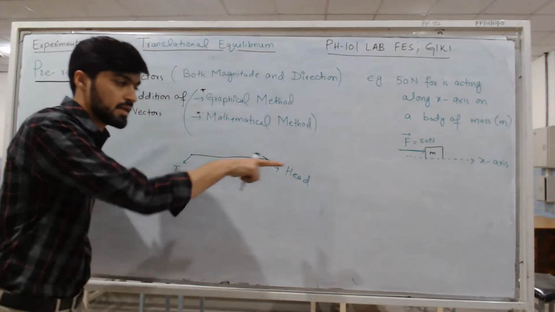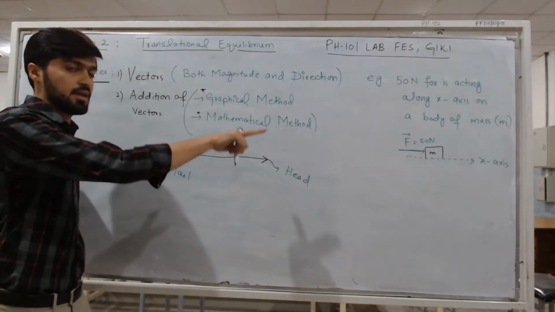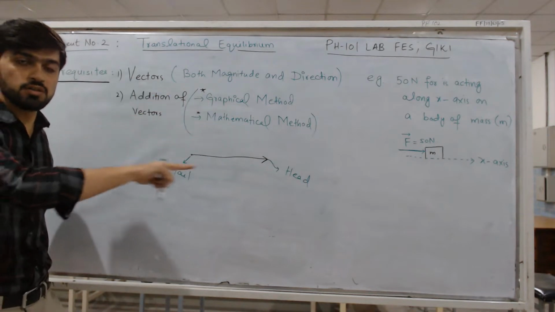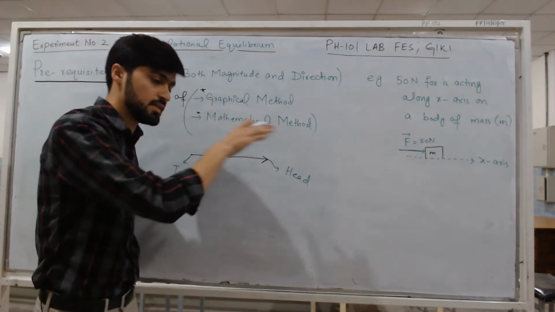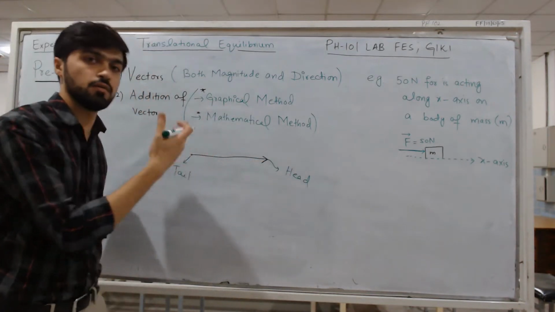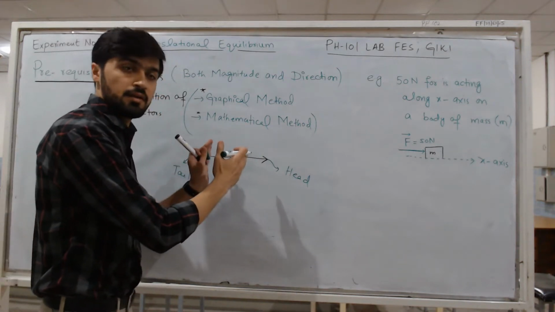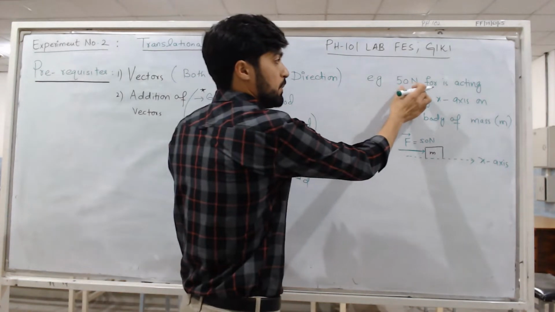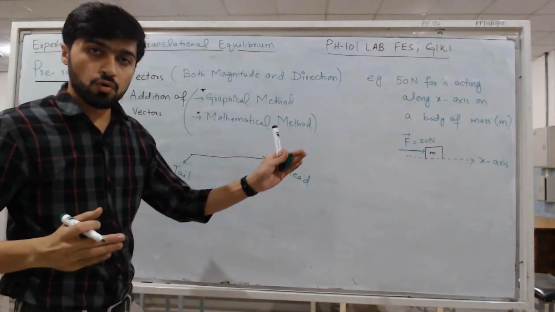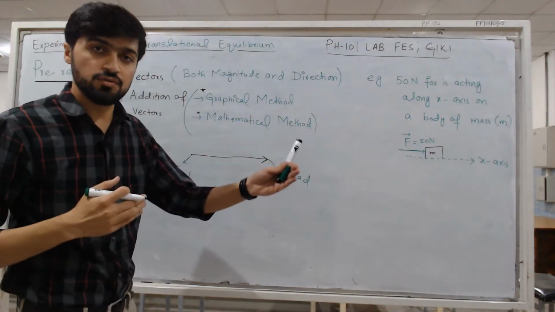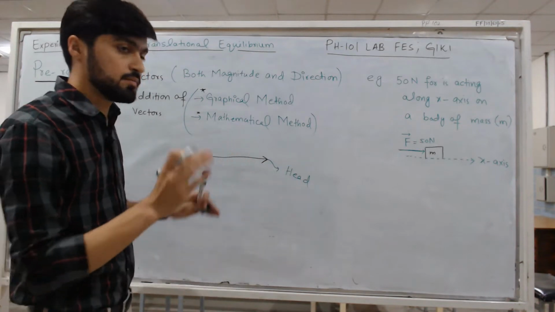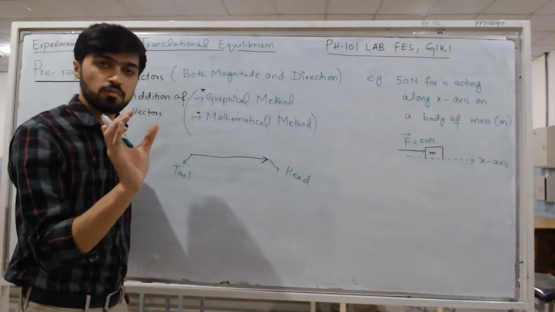It shows the direction of the vector quantity, in which direction the force is acting, or the direction in which a body is moving, so it can represent a velocity or a force. The length of the vector determines the magnitude. If the length is more, it has a larger magnitude, and if it is smaller, it represents a smaller magnitude.